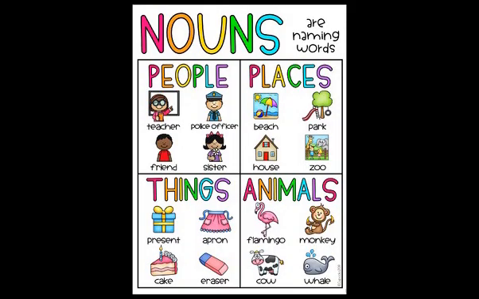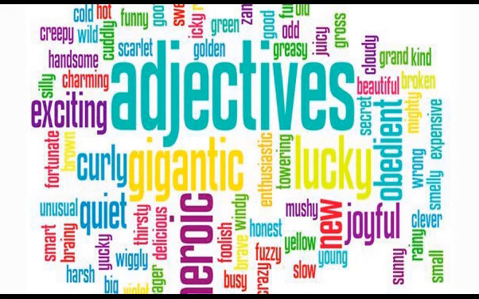And on the final note that concludes my presentation, naming words of people, places, animals, and things are called nouns. Describing words or adjectives describe or modify naming words, making writing and speaking much more specific and lot more interesting.